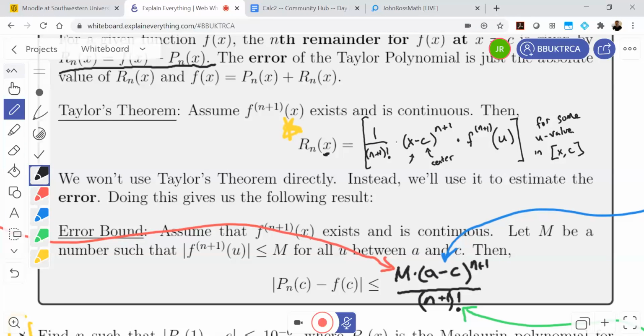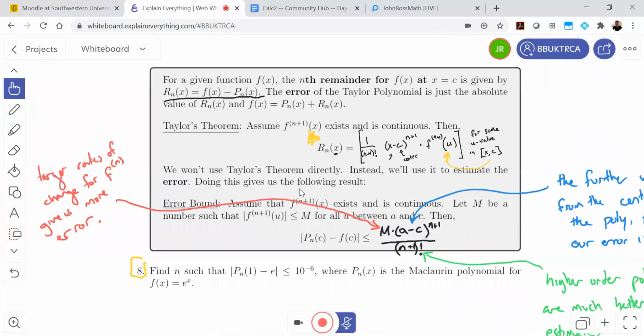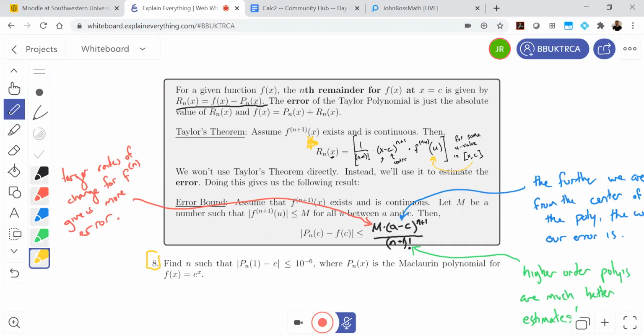Here's what we do care about. Because we have this estimate, the weird point is this u value, right? We don't necessarily have a good way to find the u value. We're just guaranteed that it exists somewhere in this range. One thing that we can do is say that whatever f to the n plus 1 of u is, even if I throw on absolute values, that will still be less than or equal to the maximum value over all of these different potential u values.